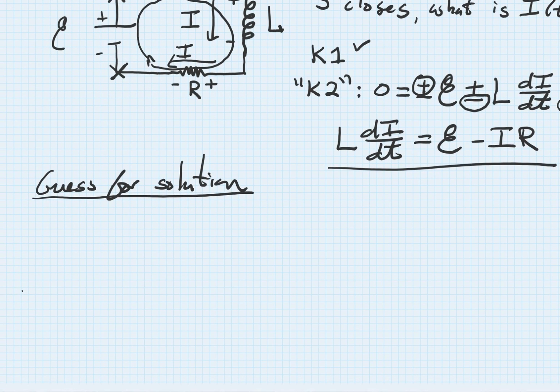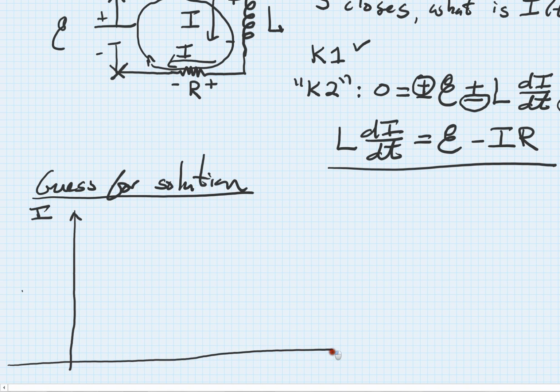So let's put down some axes here. I'm going to be plotting on this axis the current I as a function of time t, like so. And now we have various limiting cases to consider.